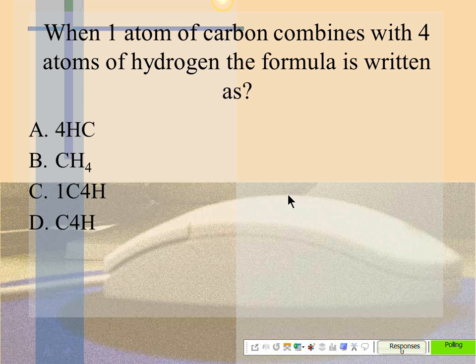Now think of this question. When 1 atom of carbon combines with 4 atoms of hydrogen, how would you write the formula? If you were looking at that slide that I showed you, the formula was written over there.